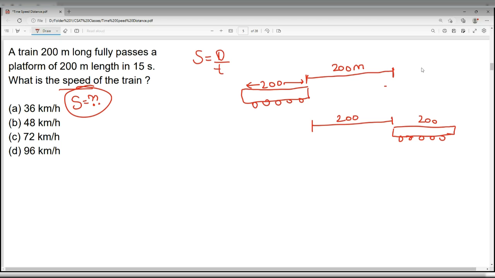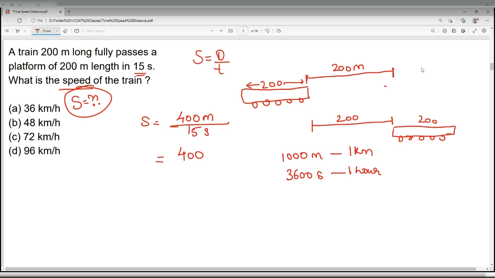So the speed is nothing but distance traveled, which in this case is 400 meters. The answer is in kilometers per hour. So this is 400 meters divided by the time, it has taken 15 seconds to cross this platform. To convert this, we know that 1000 meters is 1 kilometer and 3600 seconds make 1 hour.